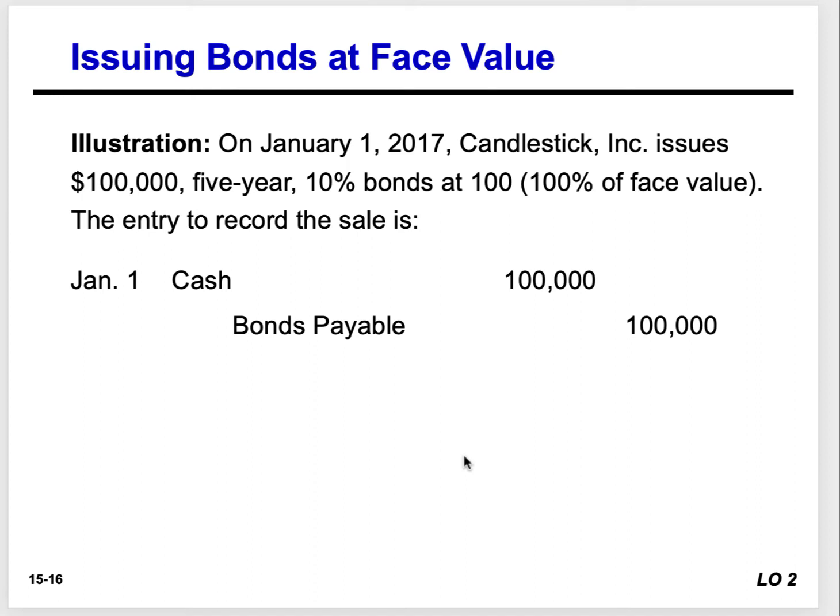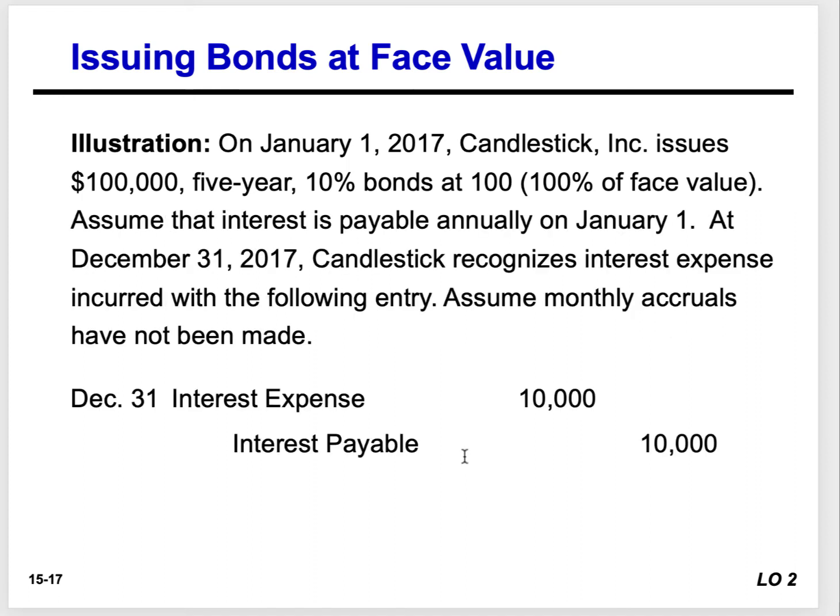If I were you, in my notes, I would say journal entry for issuing bonds at face value: debit cash, credit bonds payable. If we issue a bond at face value, we have periodic interest payments that we have to make. We've seen this before. How do I journal that?